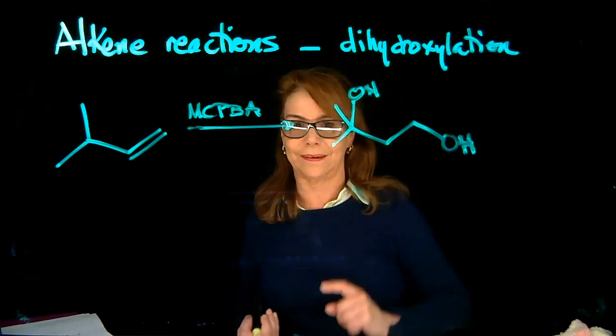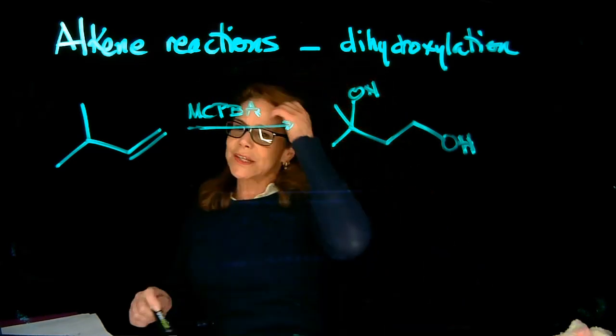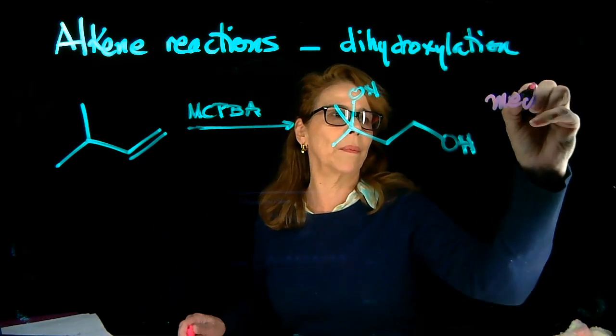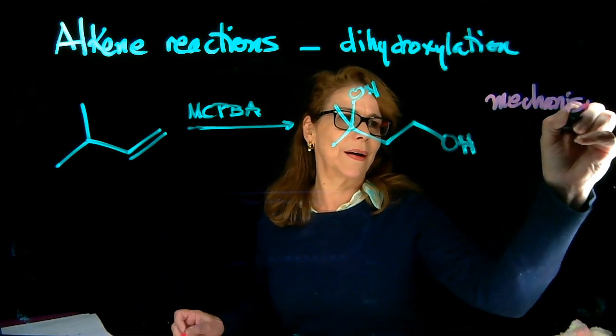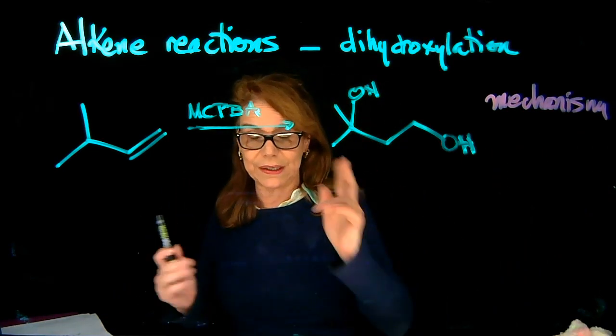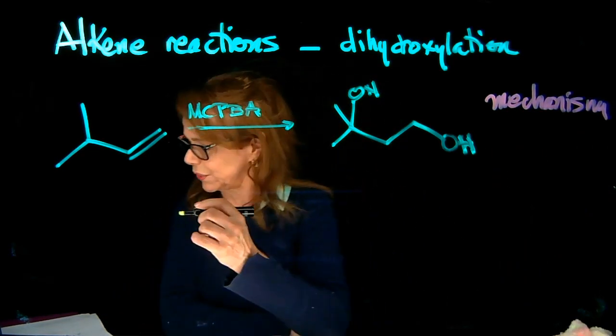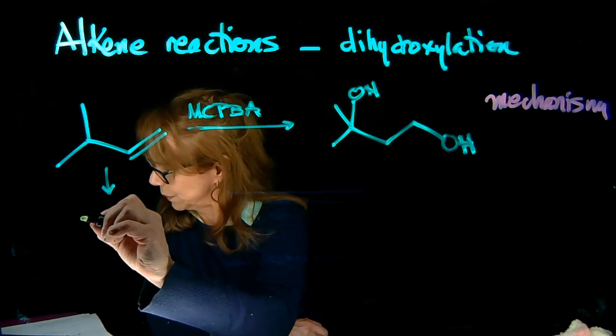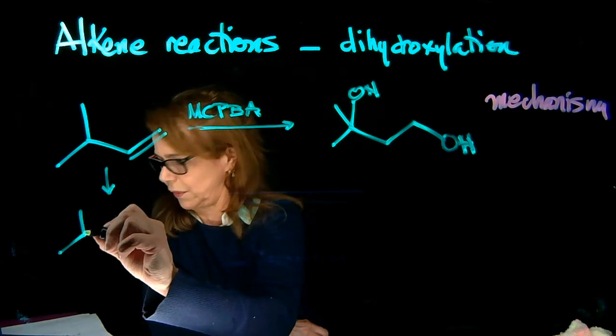This time it's not. It's in a different place. So the question was, what is the mechanism to obtain that product. So we are going to start with the same thing. We're going to do the epoxide formation here. And when you do that with the metachloroperbenzoic acid, you're going to do this too.